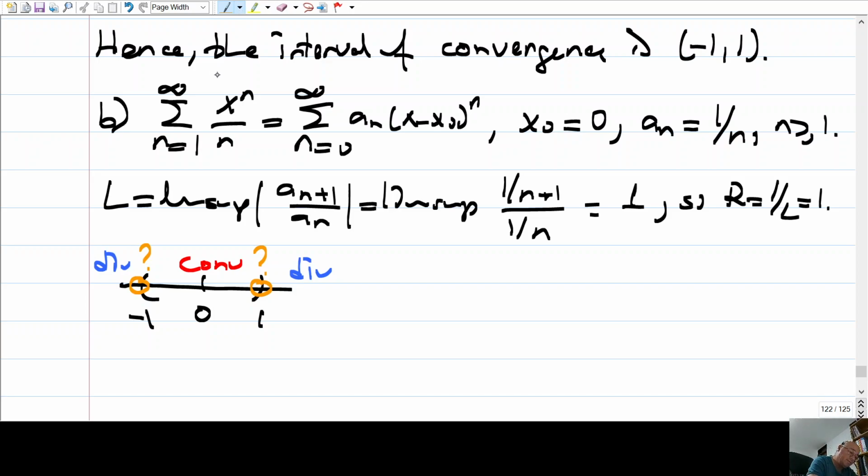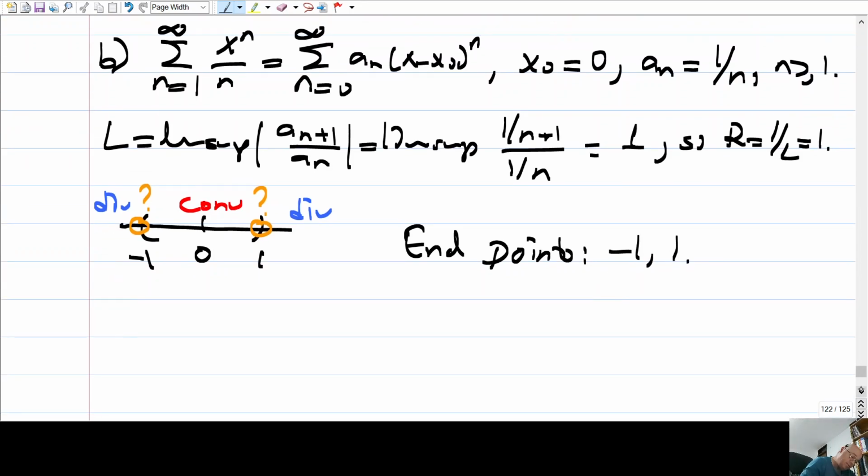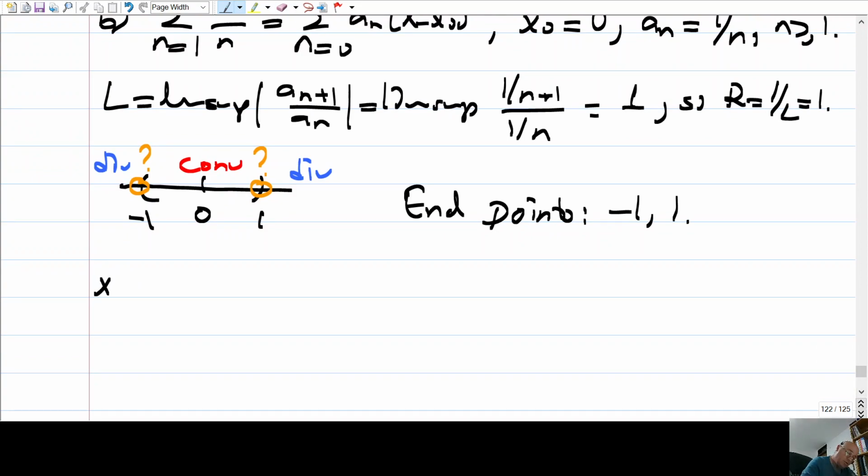Okay, let's do that. Endpoints are minus 1 and 1 again. So x equals minus 1. Well, this gives me what? So minus 1 to the power n over n.